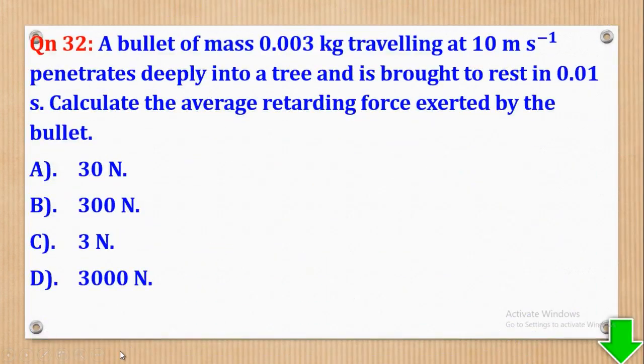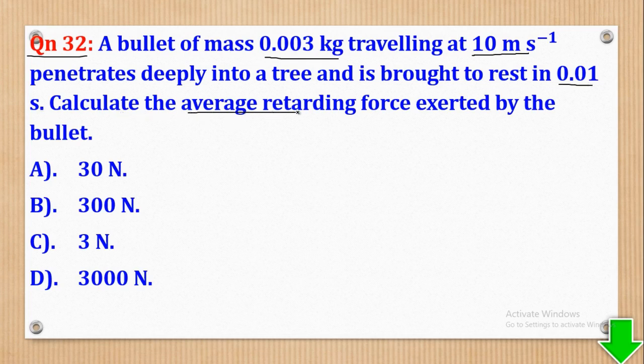So that was question 31. Now I shall go to question 32. A bullet of mass 0.003 kilograms traveling at 10 meters per second penetrates deeply into a tree and is brought to rest in 0.01 seconds.